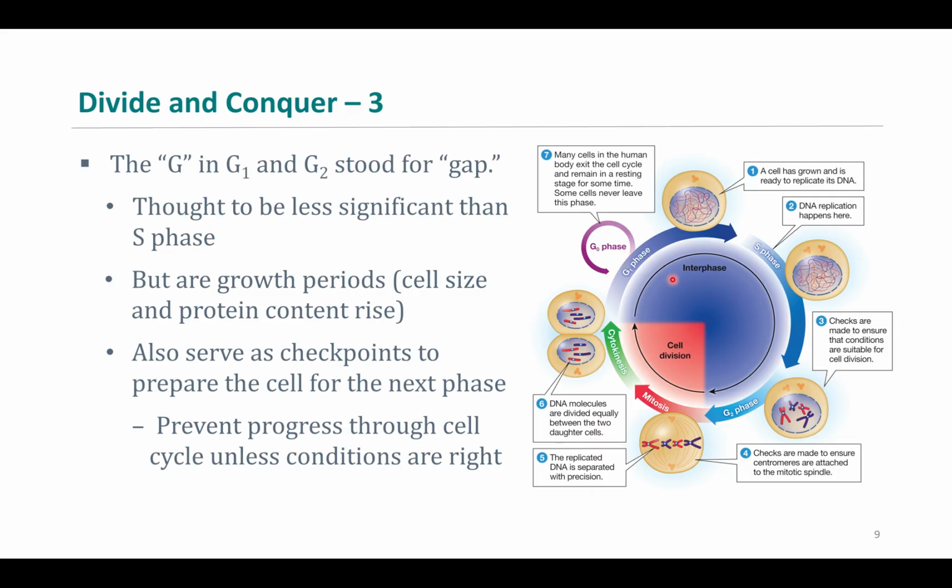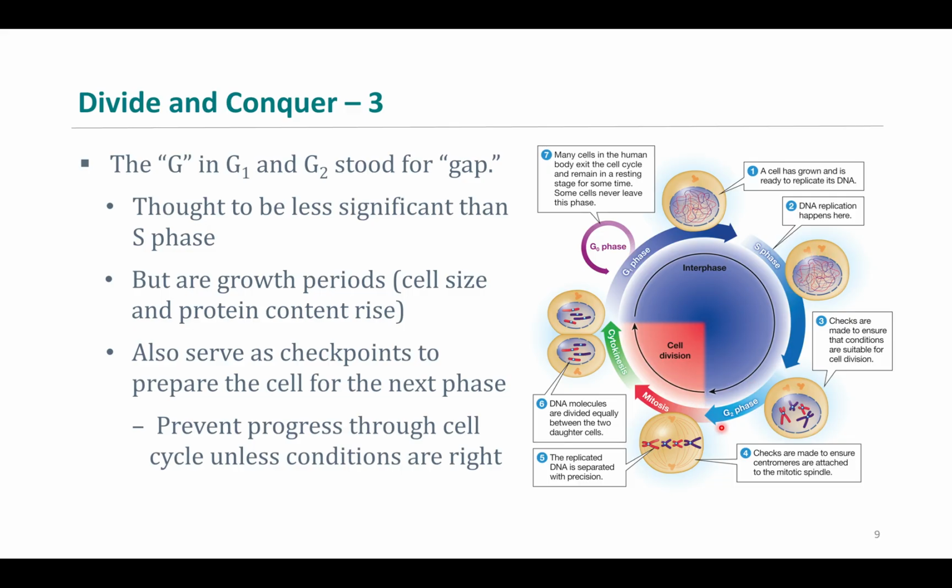For example, when the cell moves on from G1, all the cell material, like mitochondria and Golgi apparatus, must be duplicated. At the end of the S phase, all the DNA or chromosomes should be duplicated.